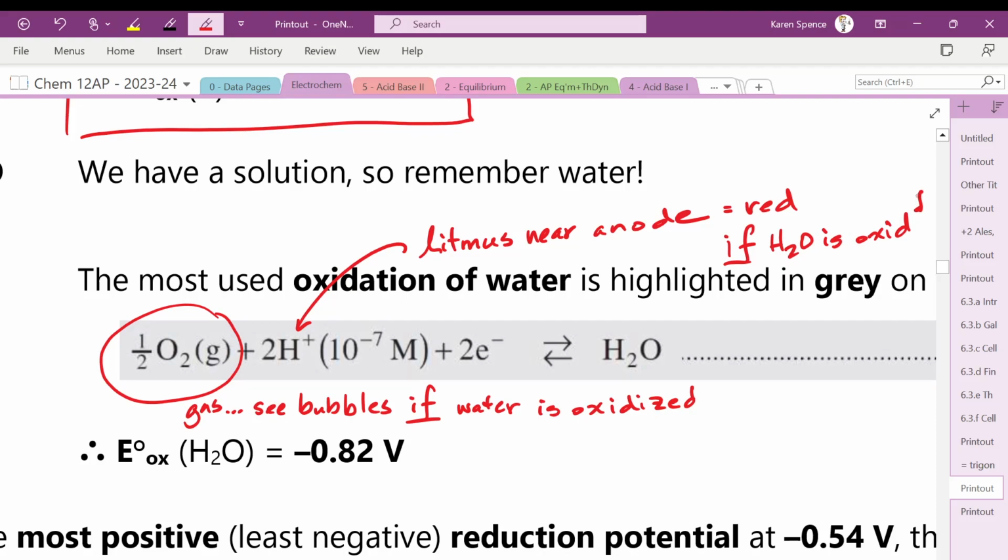The reduction of water is not thermodynamically stable. Auto-ionization of water is not related in the least to this.